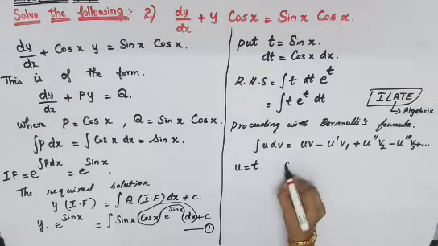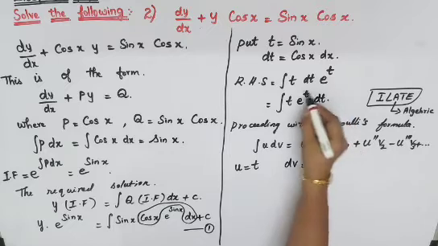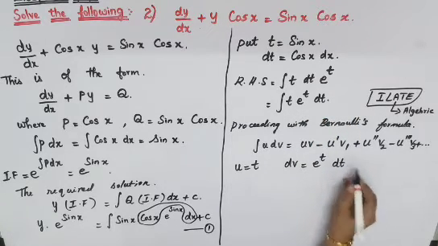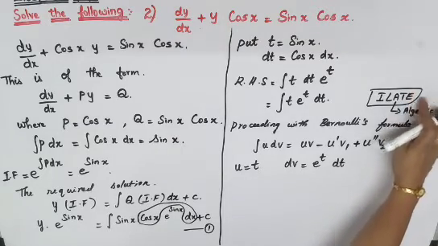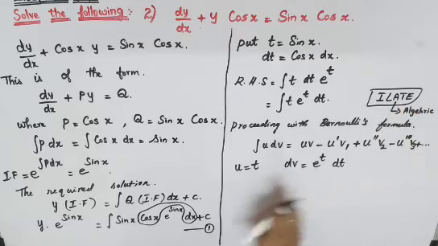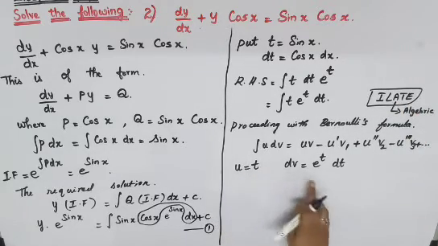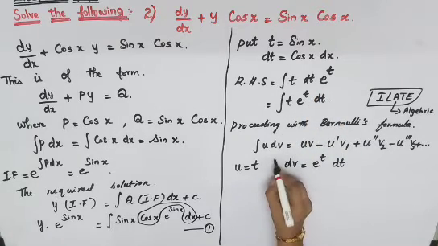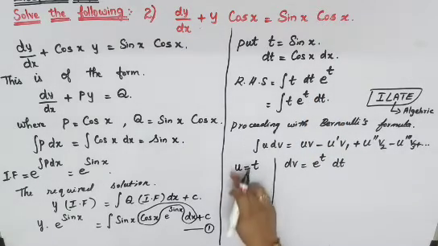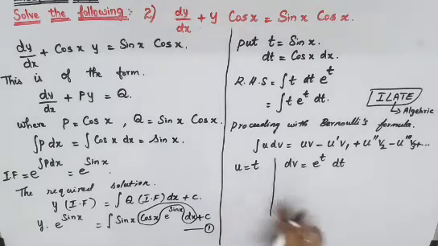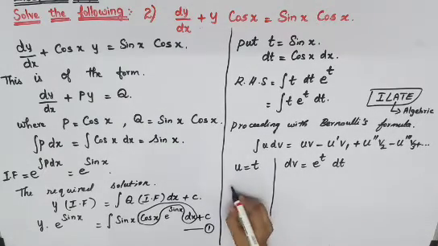Now your dv is the left out term, that is e power t into dt, the exponential. Now on this side you have to do the differential and on this side you have to do the integral. So both differential and integral is there, so be careful and do it properly.